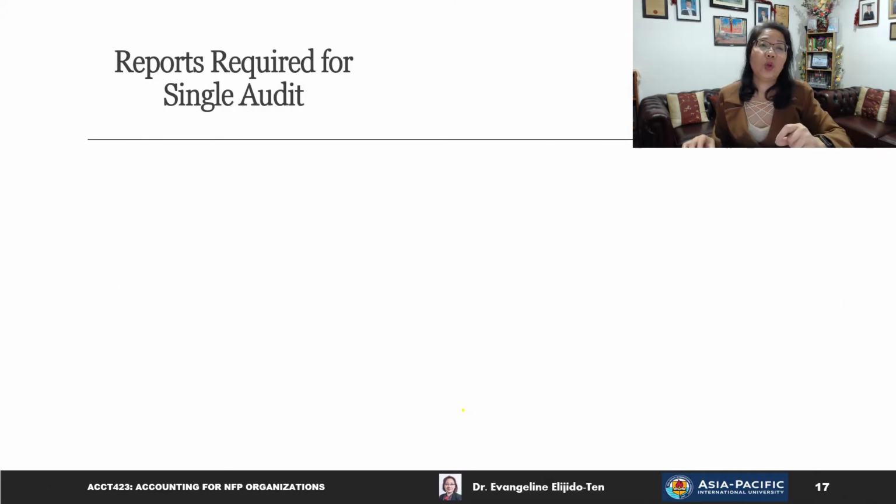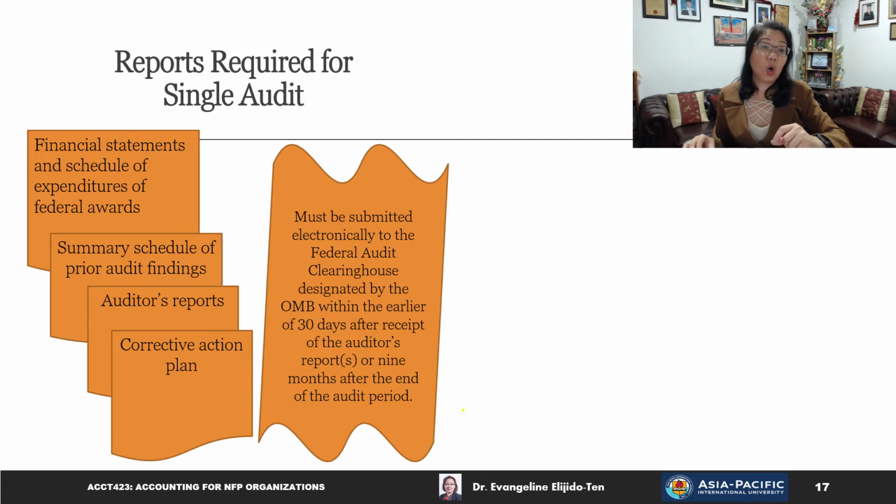So what are the reports required for single audit? Well, the auditors will have to have the auditor's reports based on, of course, the financial statements and schedule of expenditures of federal awards, the summary schedule of prior audit findings, and the corrective action plans, including the auditor's reports.